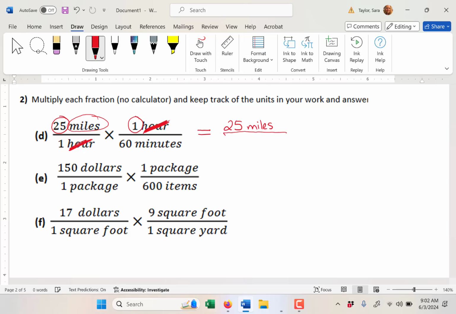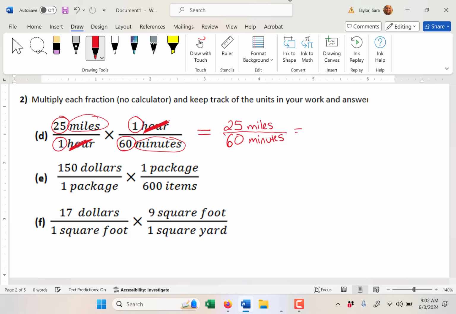I'll write my division sign. In the denominator, we have the number parts, 1 times 60. So the numerical part of the denominator is 60. And the units remaining in the denominator are minutes. And again, the hours have canceled completely.